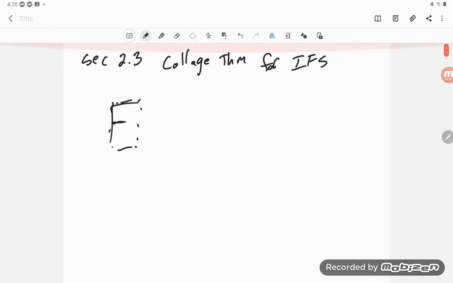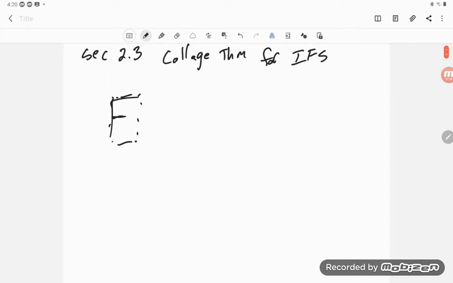And to make the letter F, I can take that rectangle and shrink it side to side so it's really thin. And when I do, I get a rectangle that looks like that.